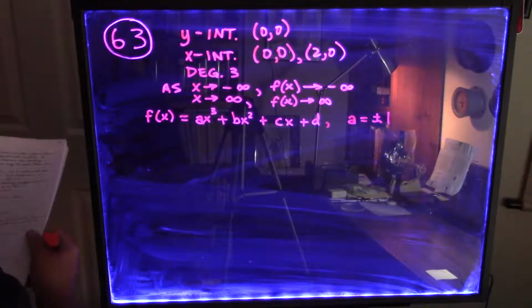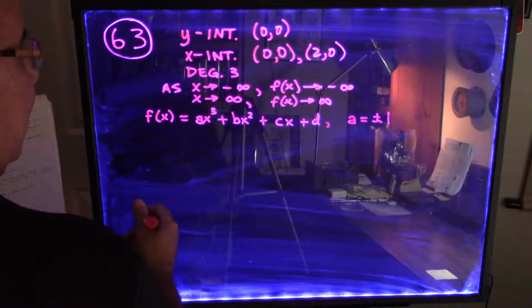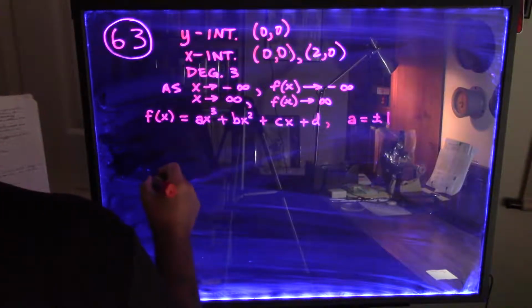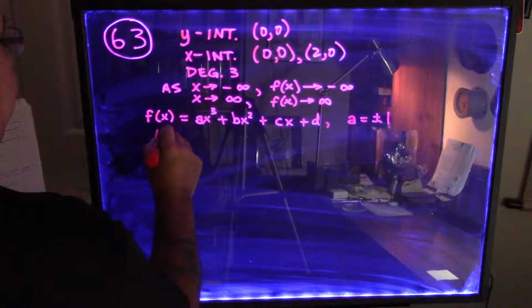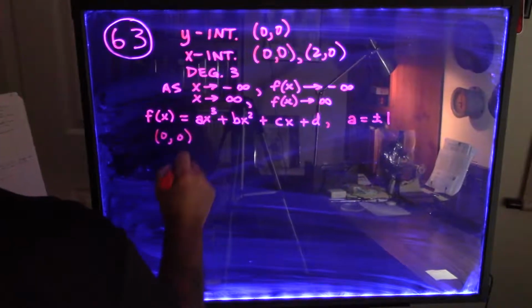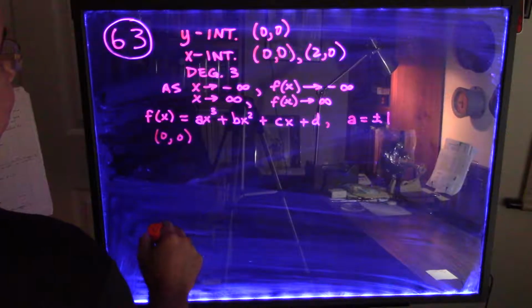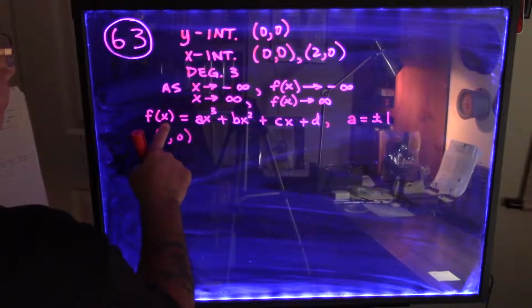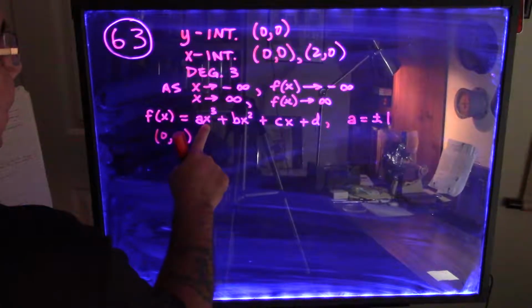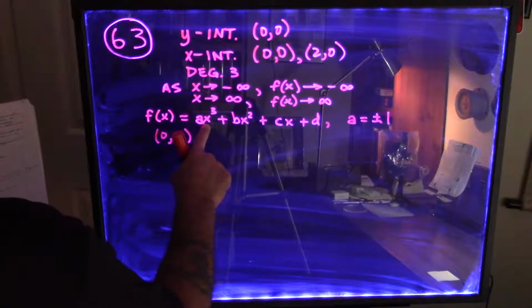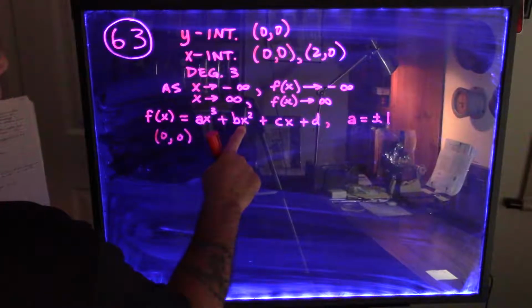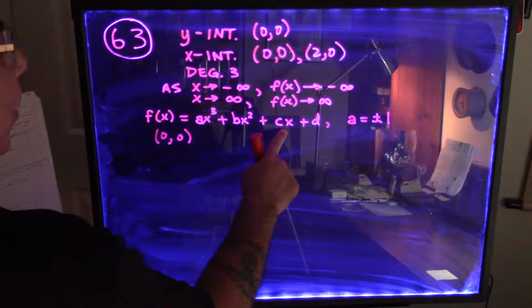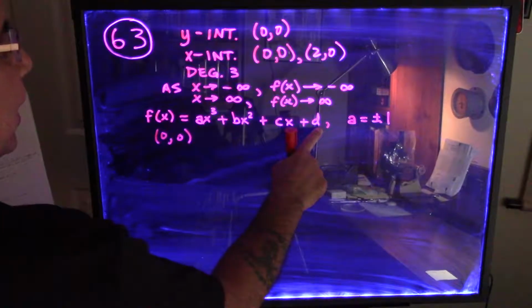Now use the intercepts to get a little bit more specific. We have y-intercept is (0, 0), so f of 0 is 0. When you plug in x equal to 0, that term becomes 0, that term's 0, and then you have just d left.